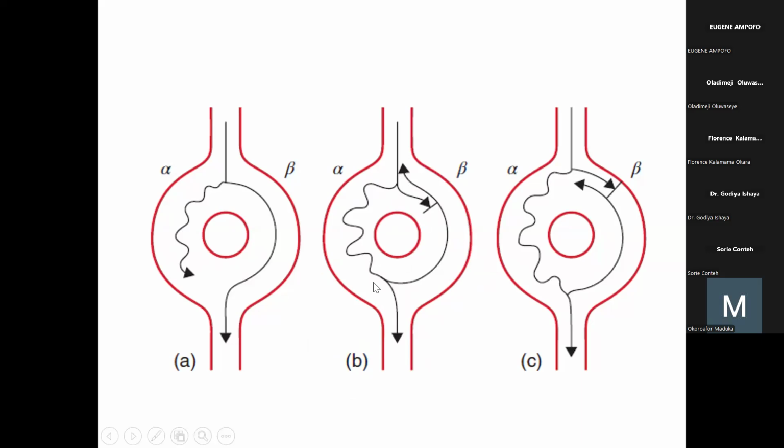That also simply means there will be conduction through the fast pathway, and when the premature complex comes, it will conduct through the slow pathway, which will now take the fast pathway as the retrograde conductor back up.